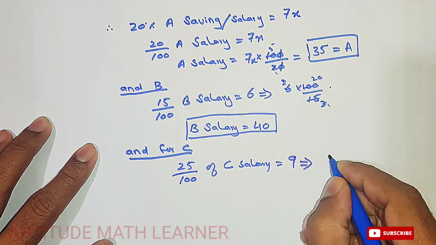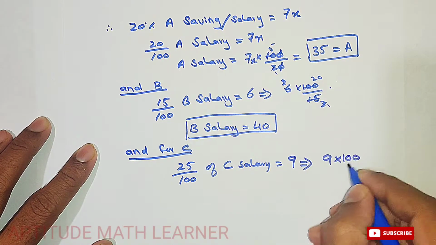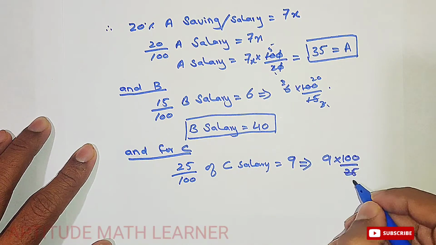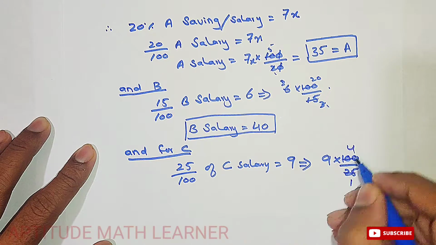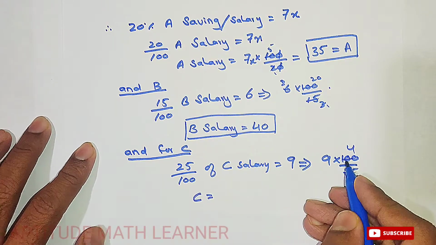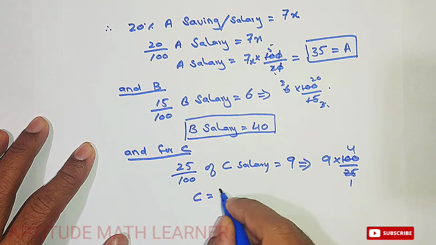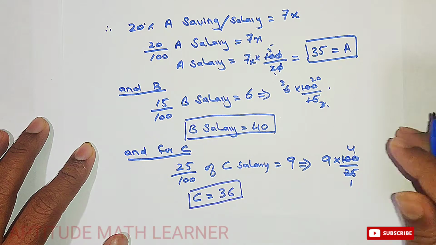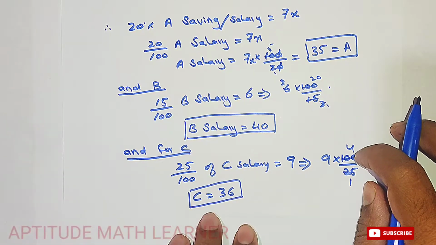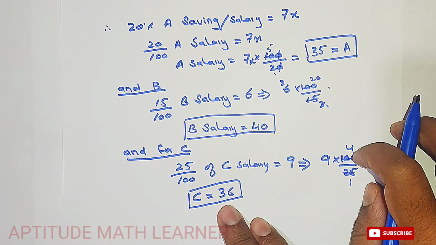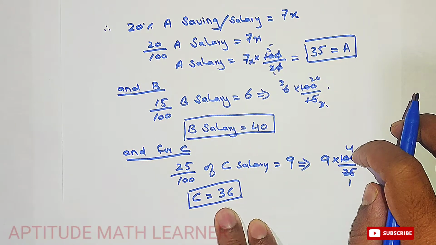So we get 9 multiplied by 100 divided by 25. 25 fours are 100, so for C we get 9 multiplied by 4, that is 36. So we have just found out the ratios of the salaries.